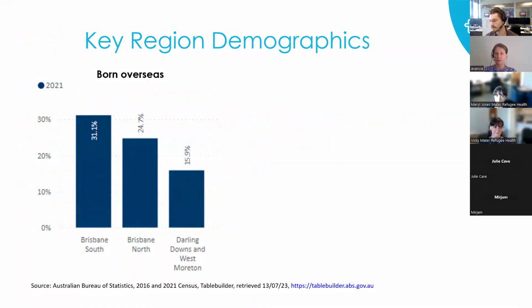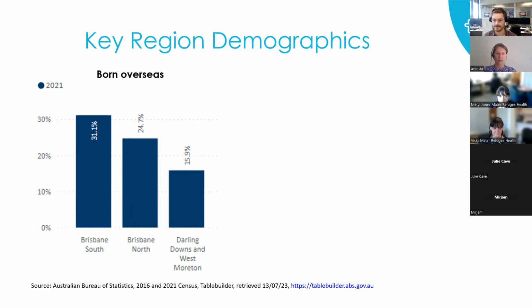We wanted to set a bit of context to the numbers within our region. So just sharing some data across the Brisbane South, Brisbane North, and Darling Downs and West Moreton PHNs. So these are percentages of people born overseas. So we've got 31.1% in Brisbane South, 24.7% in Brisbane North, and 15.9% in Darling Downs and West Moreton. And I just wanted to highlight here as well, this is from data from the 2021 census.